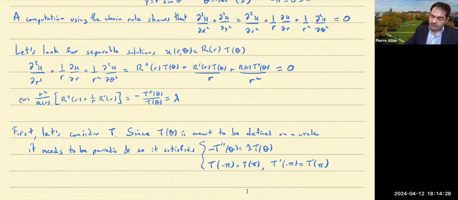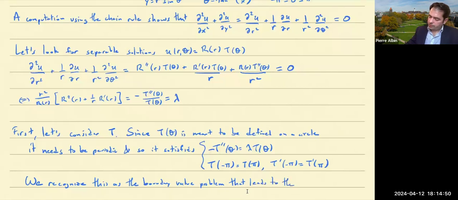Right? Now we recognize this as the boundary value problem that leads to the Fourier series.